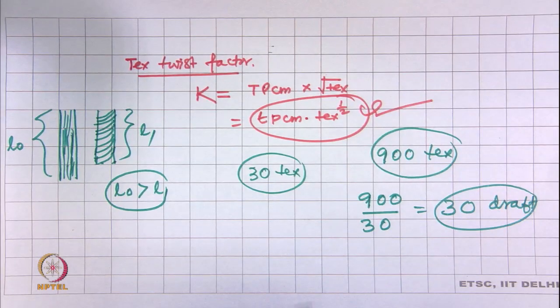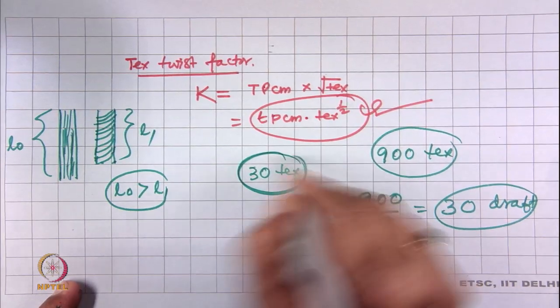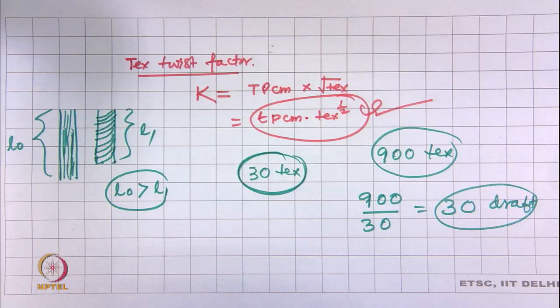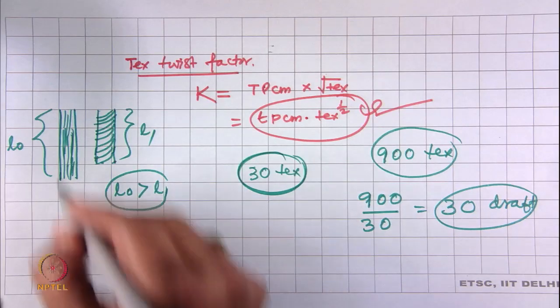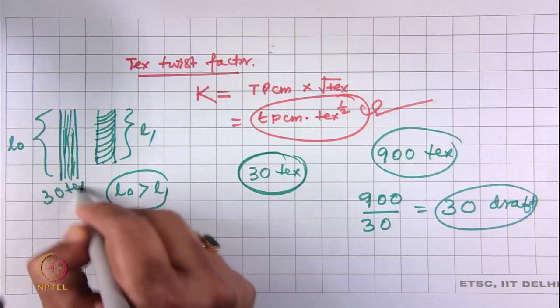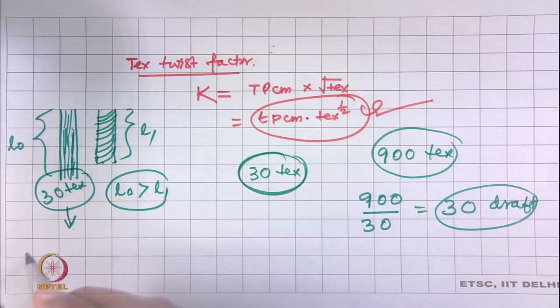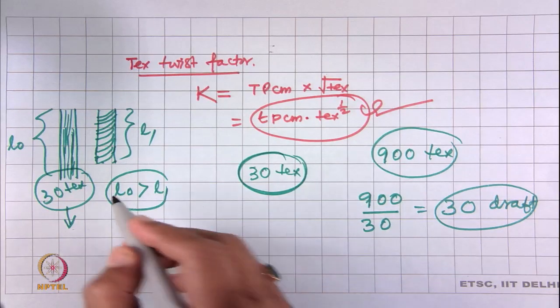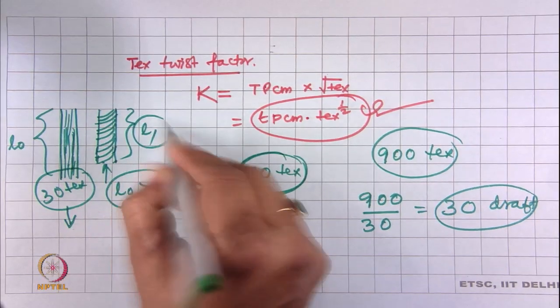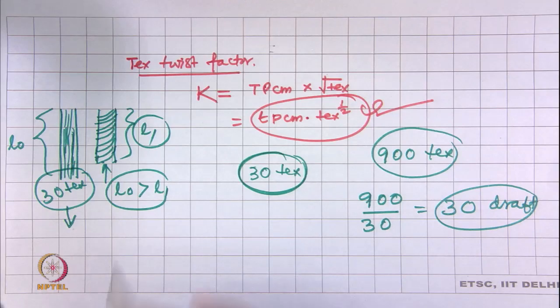So, ultimately what will happen if we set 30 draft? It is not the 30 tex which we are getting, it is not the tex of the final yarn, it is the tex of this strand which is coming out from the front roller nip. But finally, this has shortened to L1, that means it has contracted, and the tex means, for constant mass, what is the length.